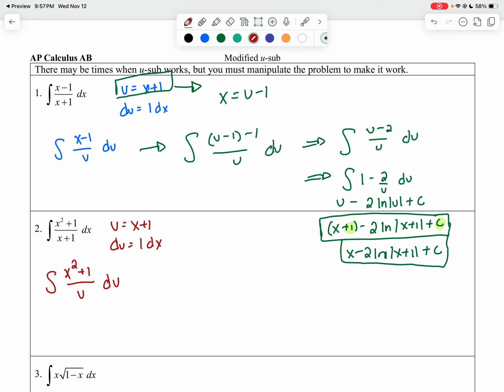Okay, so that means that x is going to be u minus 1, just like we did in number 1, except this time, whenever I sub in, you'll notice that I will have u minus 1 squared plus 1 over u du.